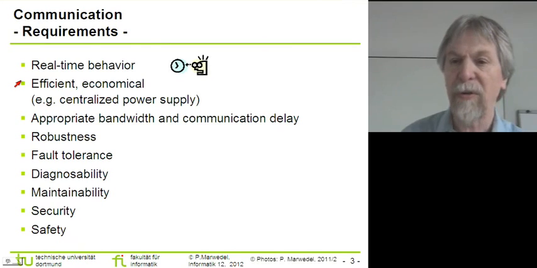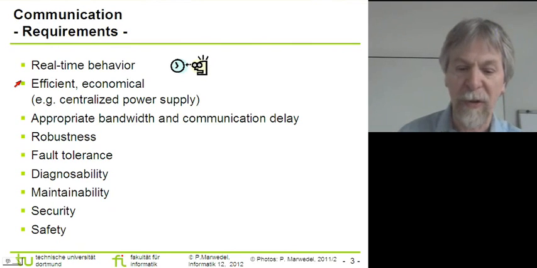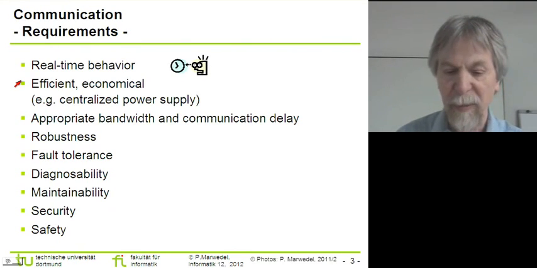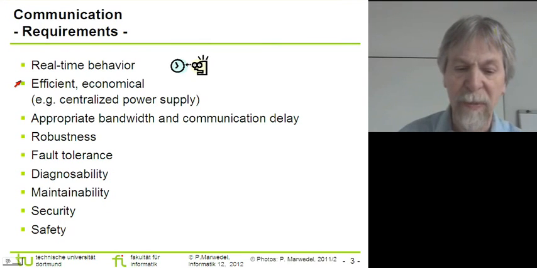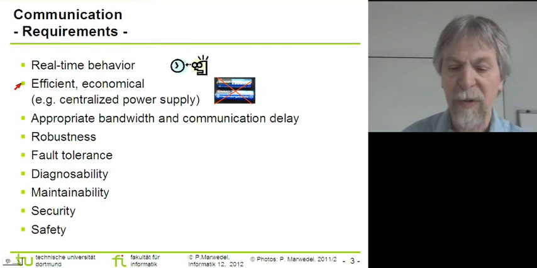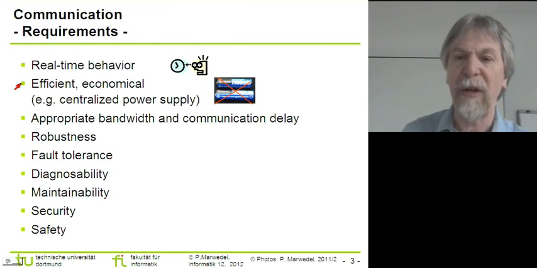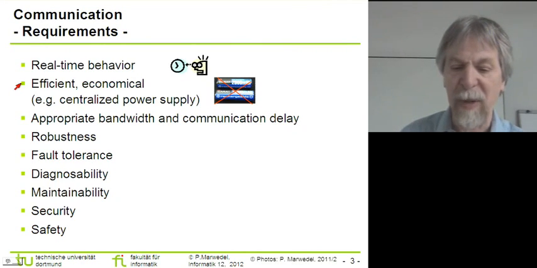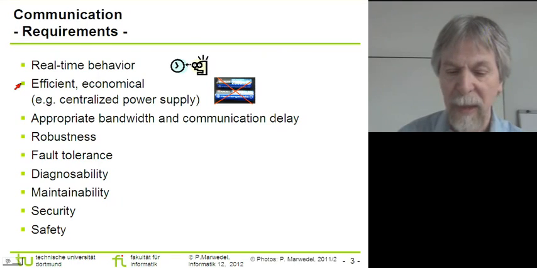Furthermore, we also know, due to the general properties of embedded and cyber-physical systems, that communication should be efficient. For example, it would be a very good idea not to require having distributed power supplies everywhere in a distributed system, but to try to have somehow a centralized power supply.